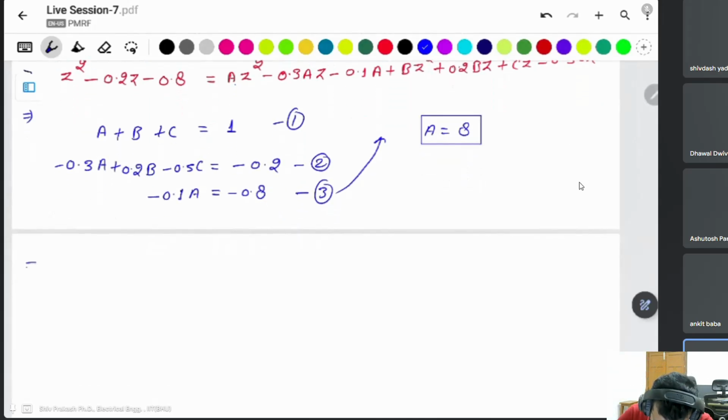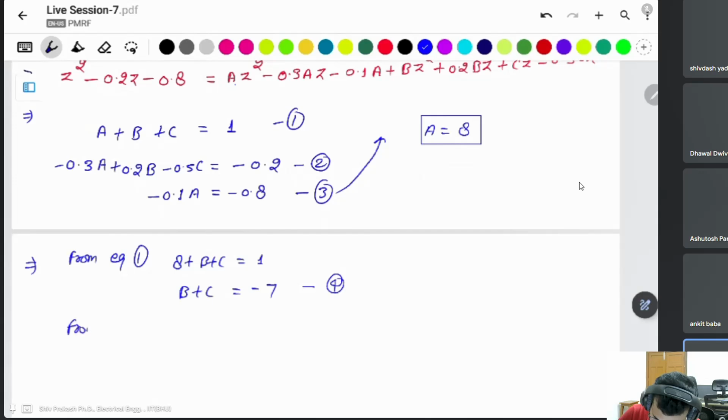Now put the value of A in equation one and equation two. From equation one, 8 plus B plus C is equal to 1, then B plus C is equal to minus 7, equation number 4.